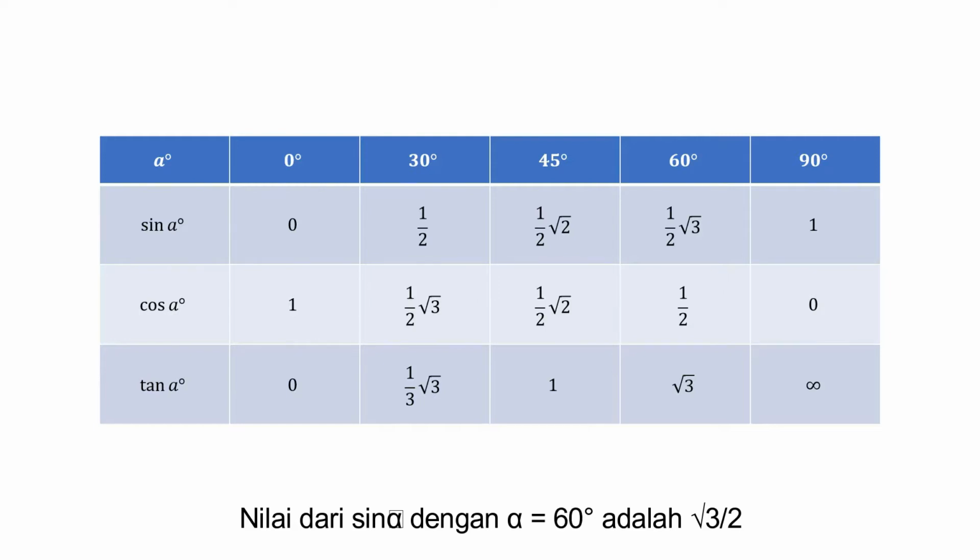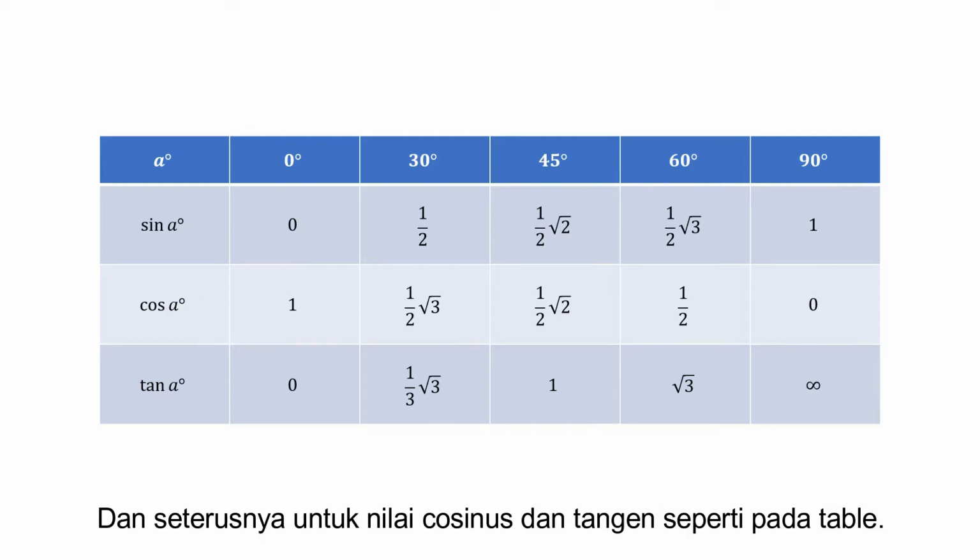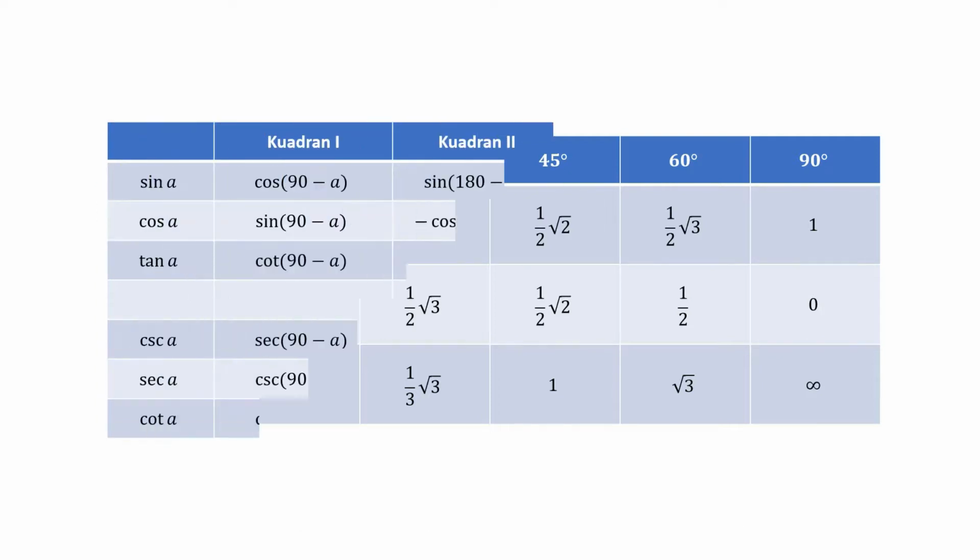The value of sine alpha with alpha is 60 degrees is 1/2 root 3. And the value of sine alpha with alpha is 90 degrees is 1. Etc. for cosine alpha and tangent alpha functions.